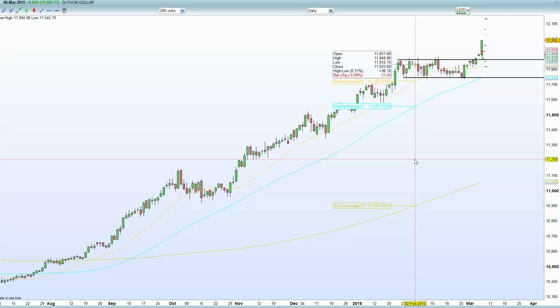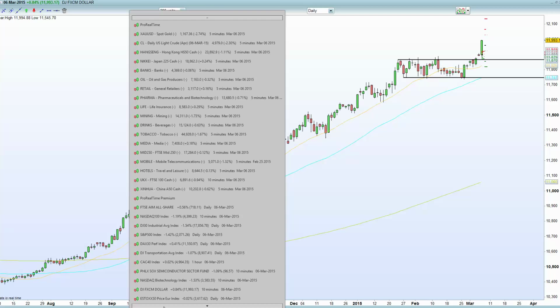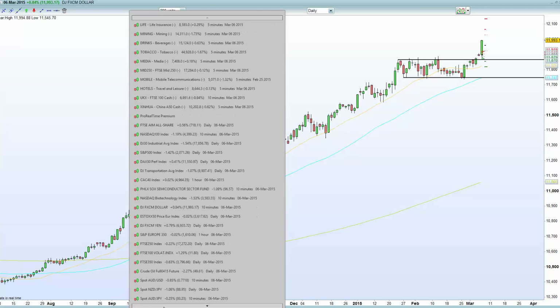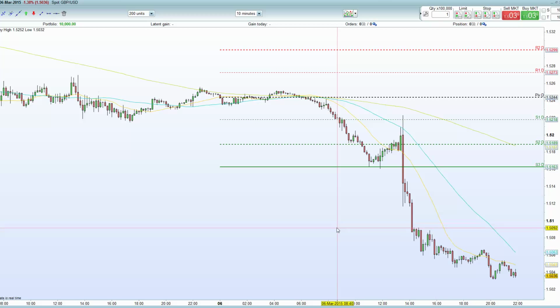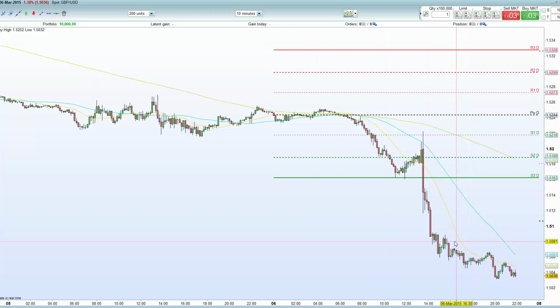But if you look at it from that perspective, it's very hard for me to justify the dollar spiking quite substantially. Now, even if I look at GBP USD, yes, you can argue that, because the inflation data that came out and the expectations of inflation have dropped quite drastically. So yes, you could certainly argue that GBP USD would fall.